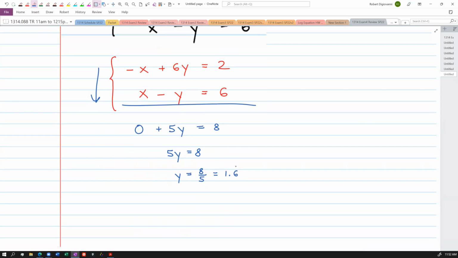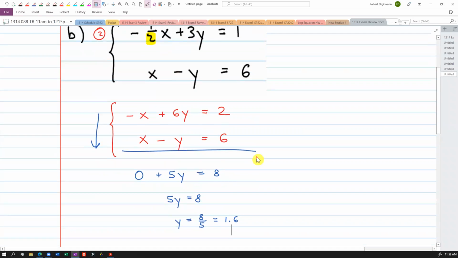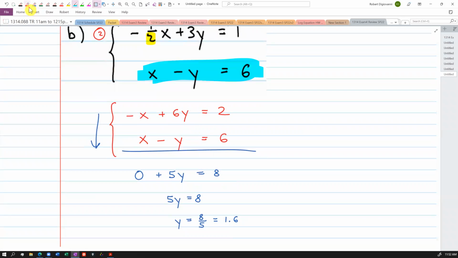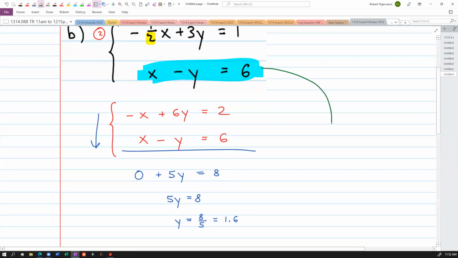Okay, so we know what y is. Once we know what y is, we can go back and get x anywhere we want. I think the second equation here is probably good. Let's use that one because there's no fractions in there. So let's take our answer, y is 1.6, and plug it in there. x minus 1.6 equals 6.